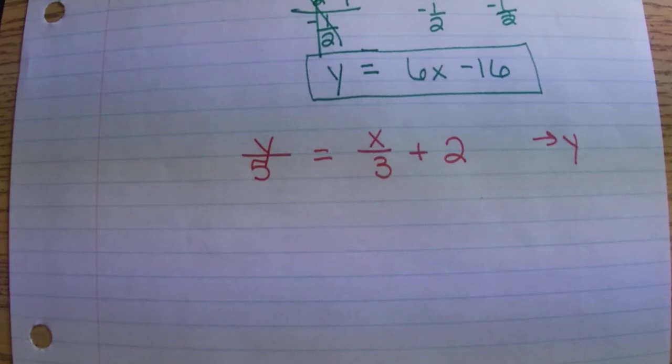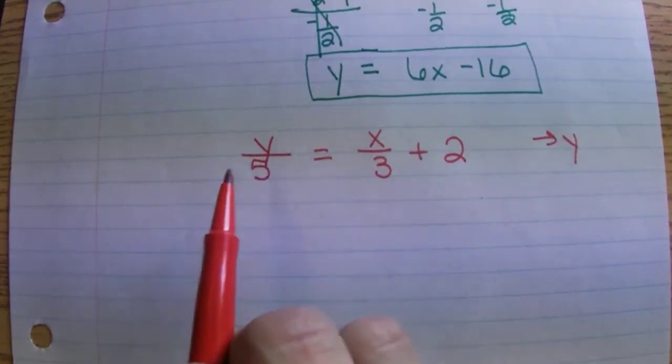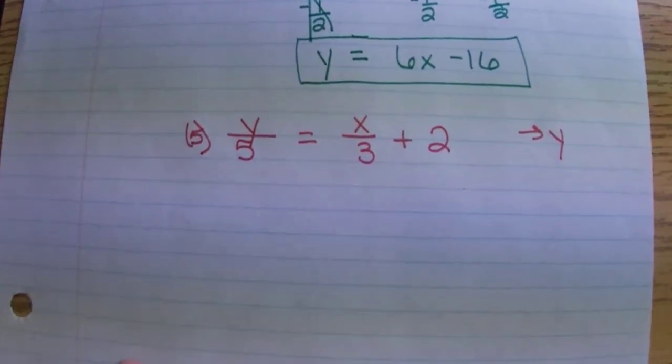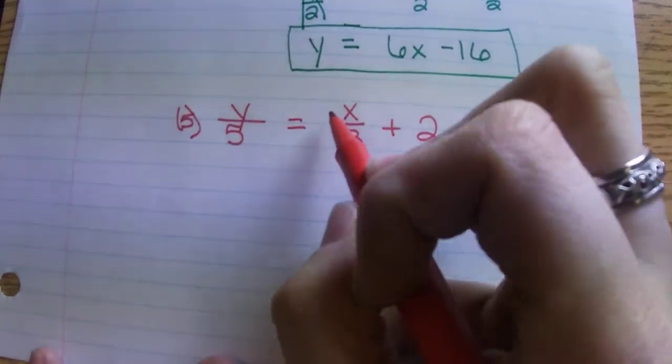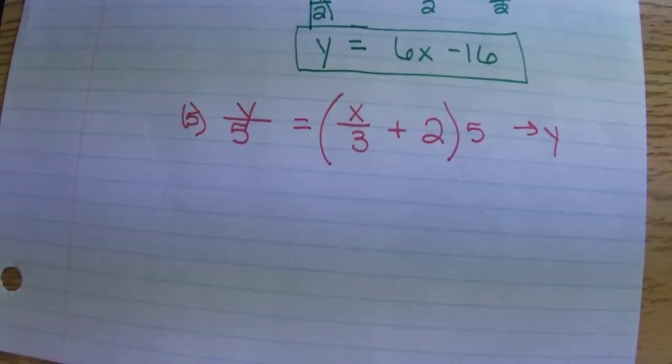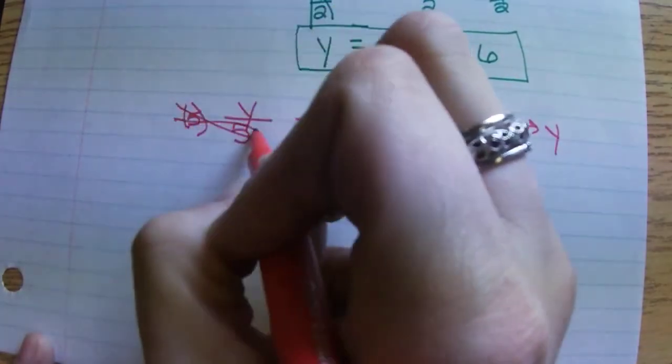The only thing we need to do is get rid of this 5. We undo division with multiplication. But just like with the division, multiplication and division go all the way through. So we need to multiply this entire side by 5. So these cancel.